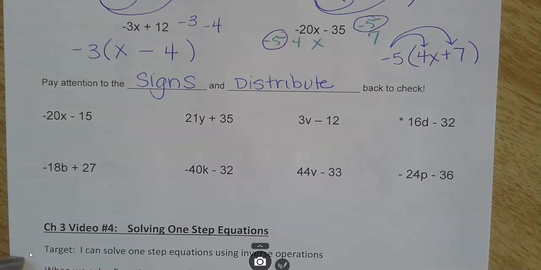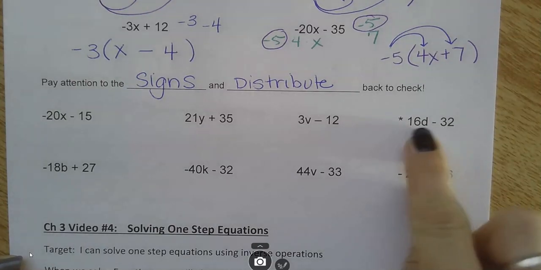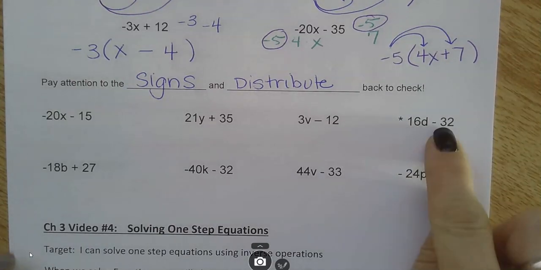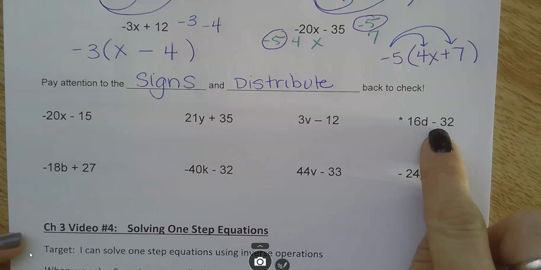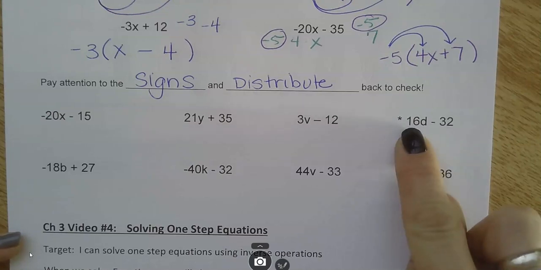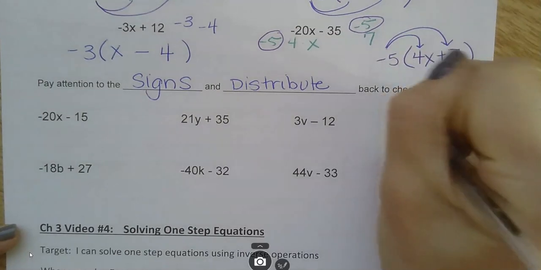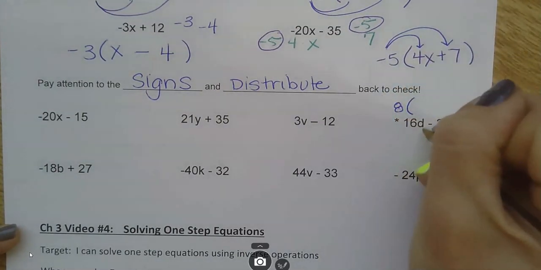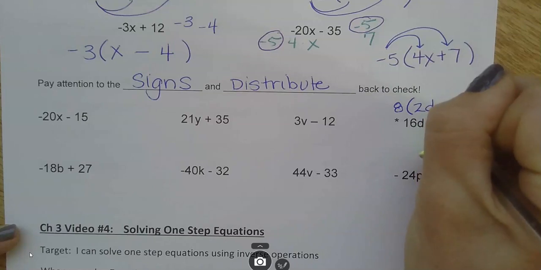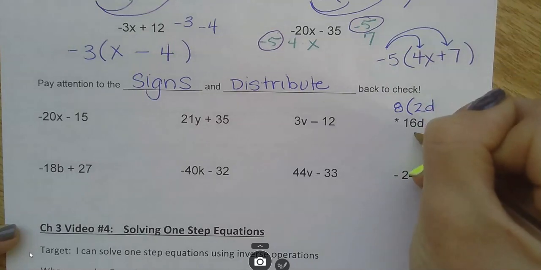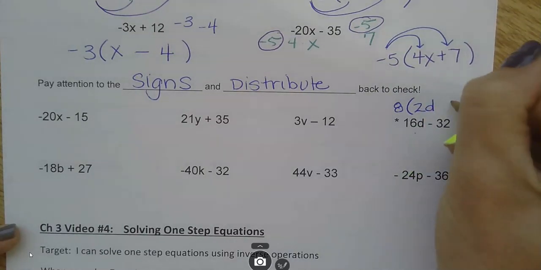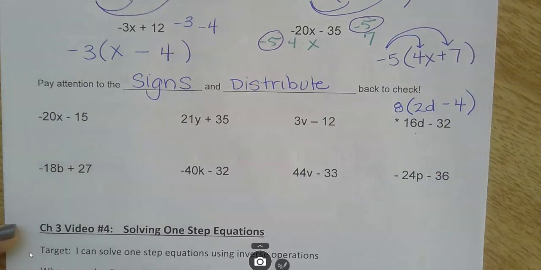So there are 8 more questions here. I want to point out just a couple things. This one, if I'm looking at this, I'm probably going to pull out an 8. I know 8 goes into 16, and I know 8 goes into 32. So if I write 8 as my GCF, 8 times 2D makes 16D, and 8 times negative 4 makes negative 32.